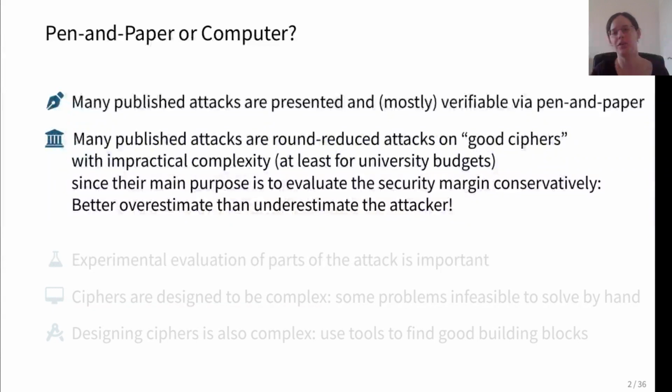And the reason for looking mostly at attacks with impractical complexity is because these strong attacks usually do allow us to derive some information about more efficient versions of the attacks on fewer rounds, for example, of the cipher. But since we're trying to be defensive or conservative in our analysis.